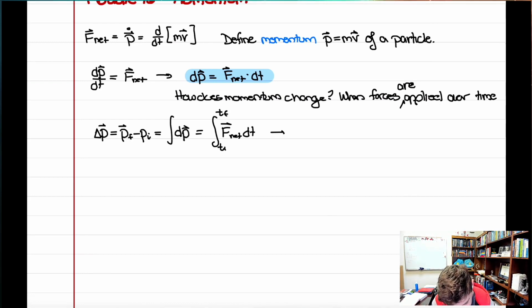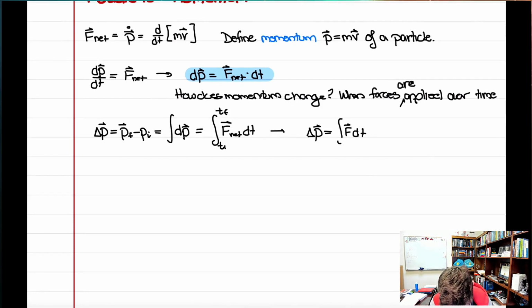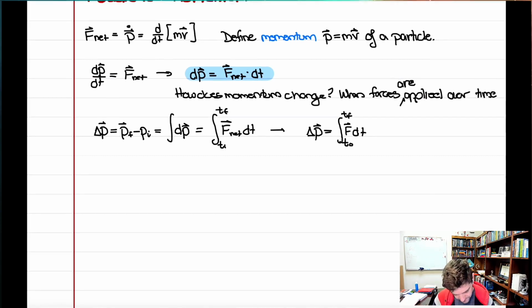So I could summarize that as: the momentum of an object changes in bulk when forces are applied over time, and it can potentially be over long periods of time, from t naught to tf. This doesn't have to be an infinitesimal amount of time.